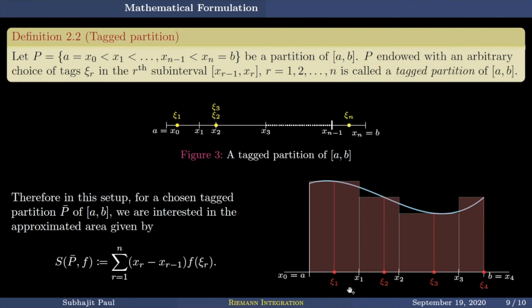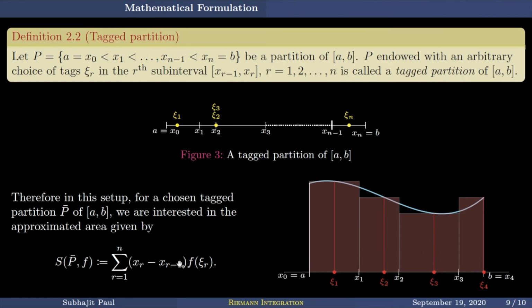Fine. In the first subinterval, the area of the rectangle is x1 minus x0 times f at xi1. So for r equal to 1, it is x1 minus x0 times f at xi1, which gives me the area of the first rectangle. For r equal to 2, this is x2 minus x1 times f at xi2, which gives me the area of the second rectangle.